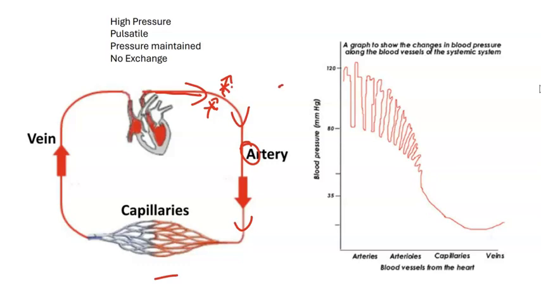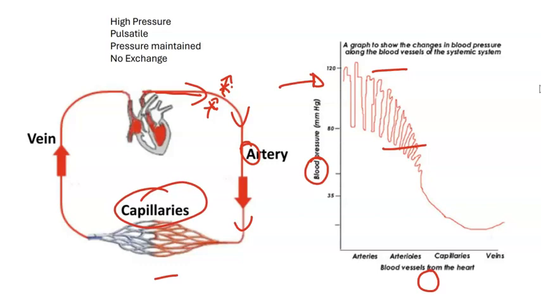If we look across to the right-hand side, in this diagram we've got blood pressure and the particular blood vessel. Notice that the blood pressure in the arteries remains relatively high during their journey to the capillaries where exchange takes place.